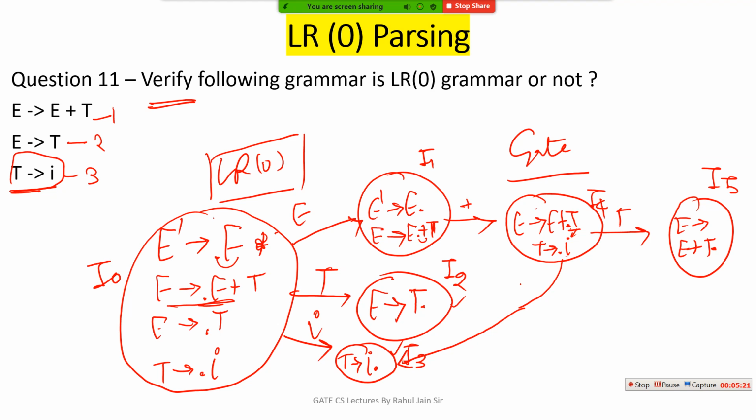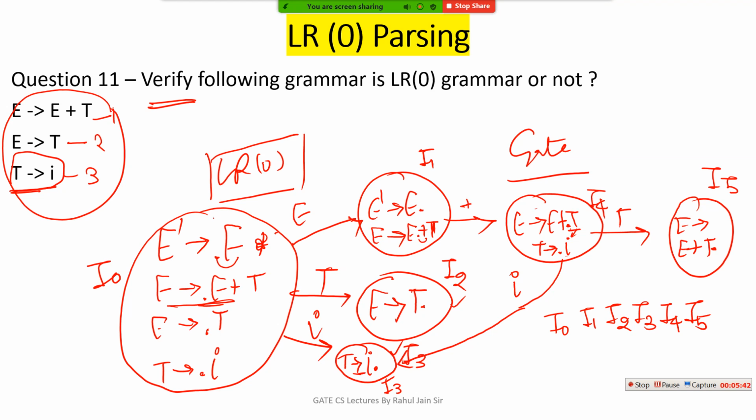So the total states in the DFA of this grammar are I0, I1, I2, I3, I4 and I5. I am getting a total of 6 states.